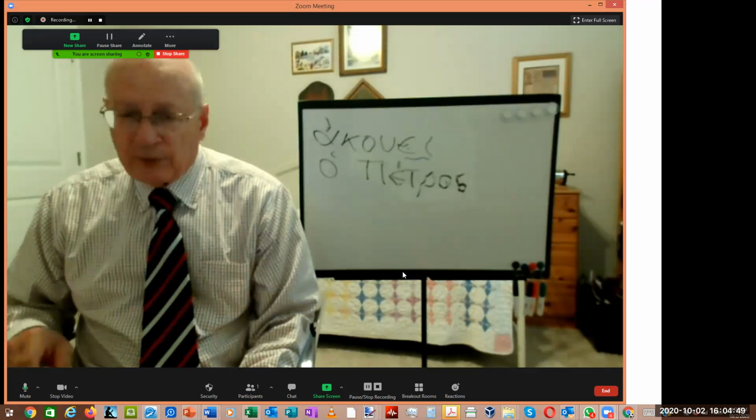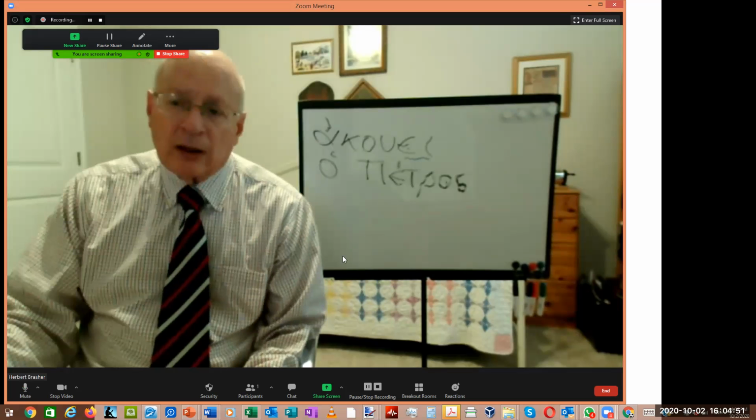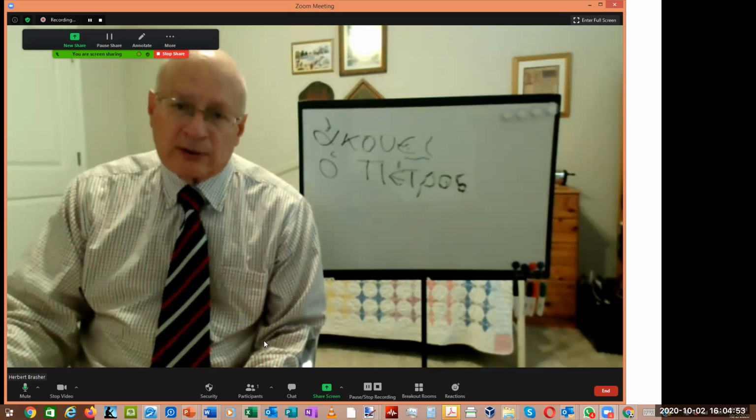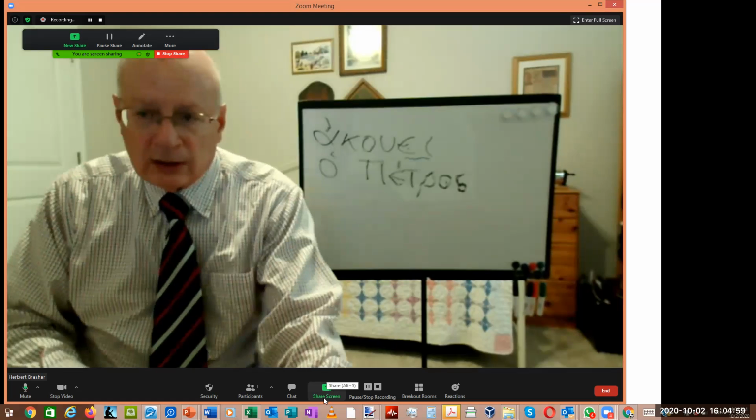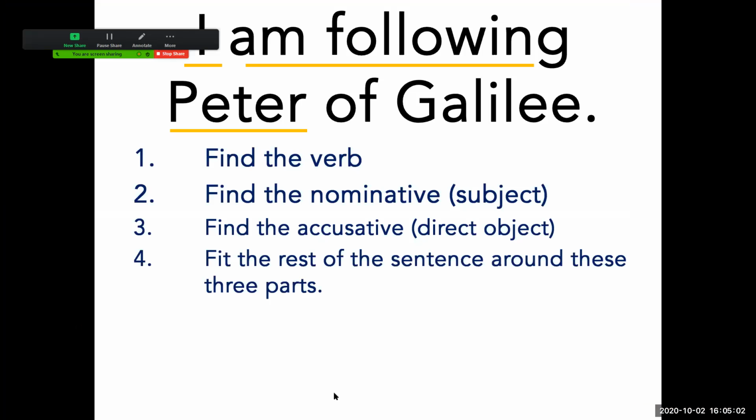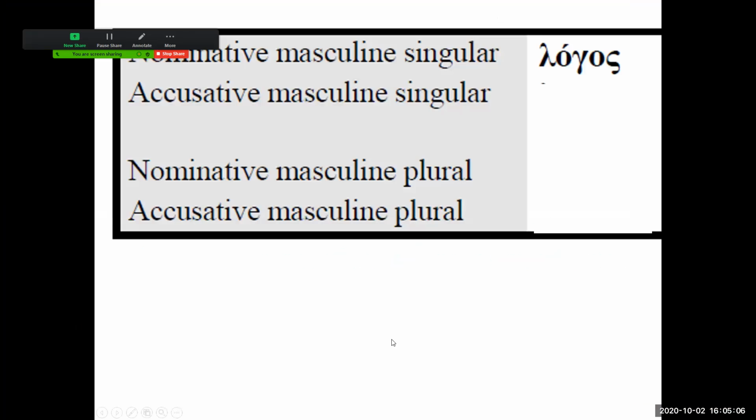Now, if we take those words, we can plug them into a sentence, and by changing the ending, let's go back to our presentation, we can tell what the sentence is saying, what the function of the word is in the sentence. But we need to know the ending. We need to know, for example, that logos is the nominative singular form of the word.